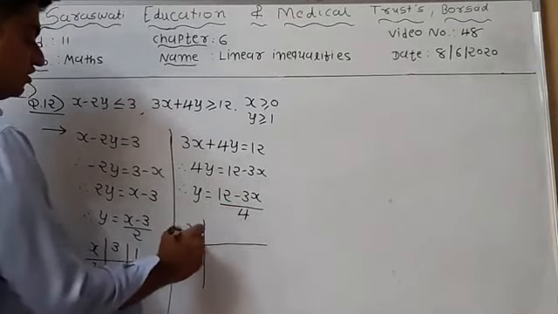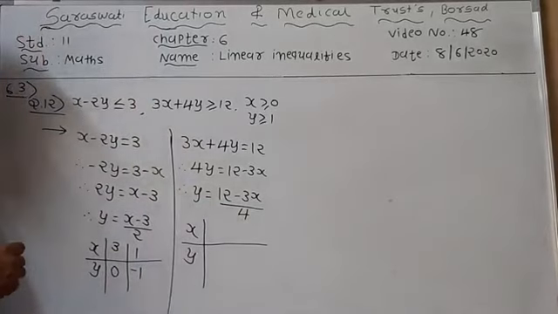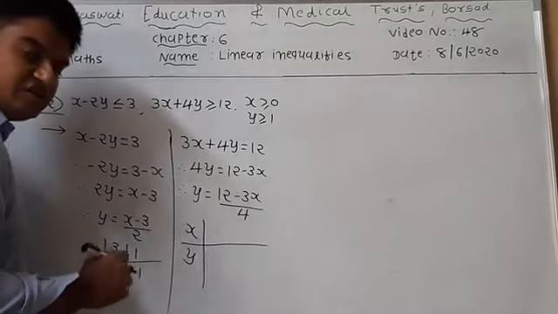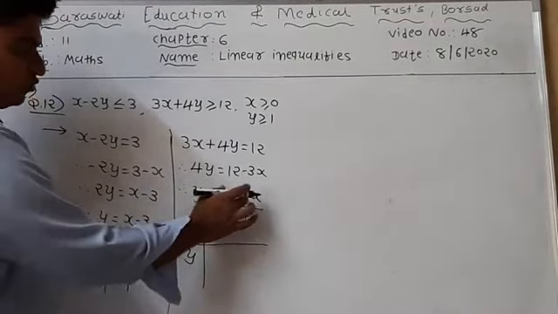Now write x and y. In place of x write 4, 4 threes are 12, 12 minus 12, that means 0, 0 divided by 4 means 0.